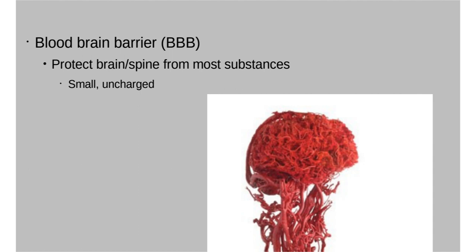Unfortunately, most medicines are really large or they have charges. So by protecting itself, the brain also limits our ability to help it when it needs that. That's why it's so incredibly difficult to have medicines that actually work on the brain and to treat brain infections.